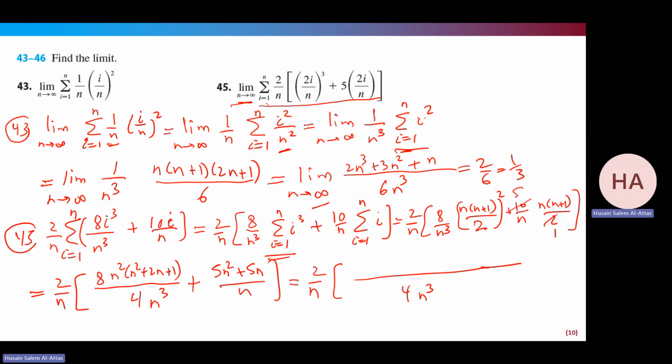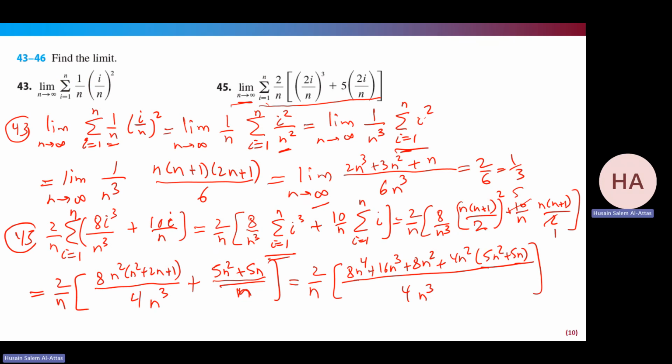What do I have here? I have 8n to the power 4 plus 16n cubed plus 8n squared. There, I multiply by 4n squared with this one. So I have plus 4n squared times this. I'm doing it in calculation mode to be sure.